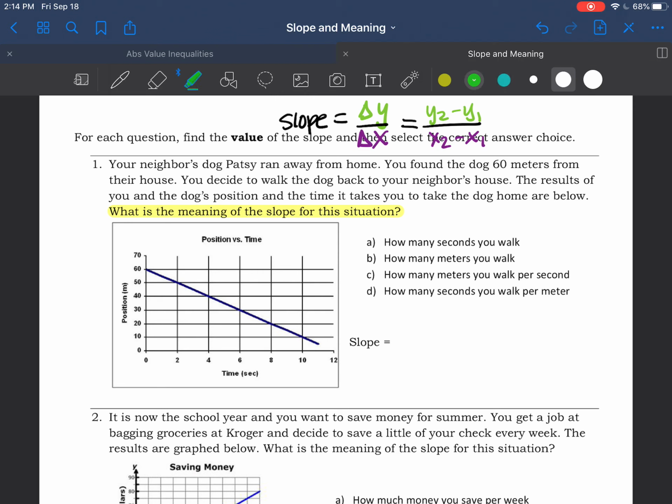Okay, and so the meaning of the slope, if we were to calculate the slope, we would do y2 minus y1, so we would need 2 good points. And so I'm going to pick the y-intercept, which is 0, 60, and then I like this point too. Let's do 2, 50.